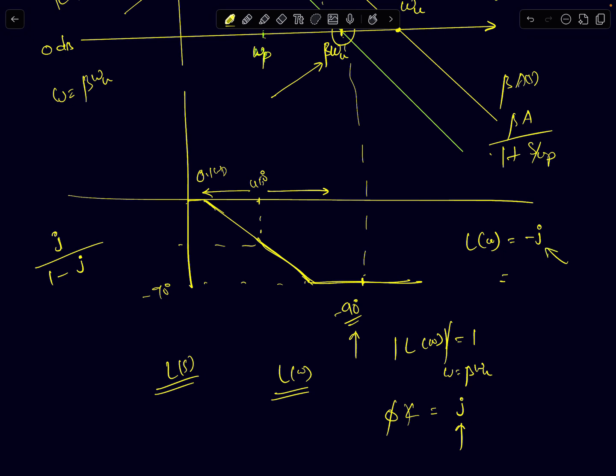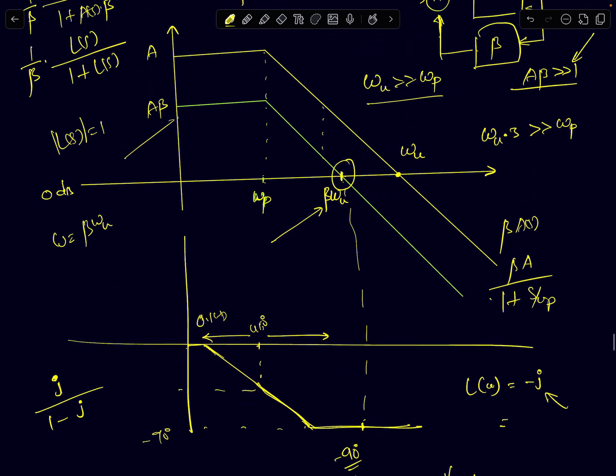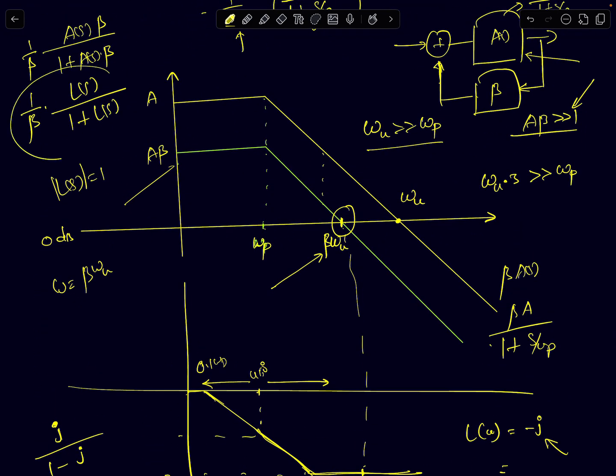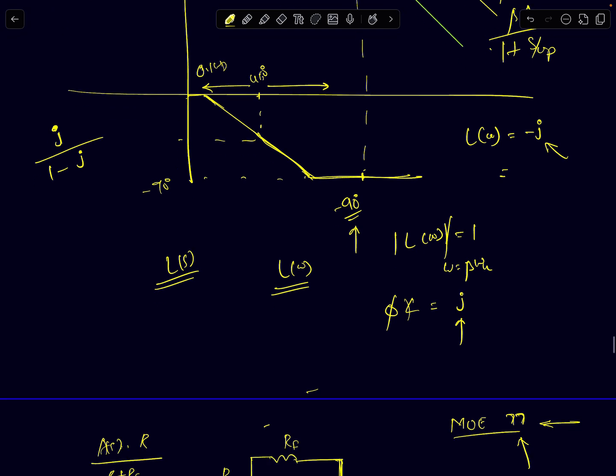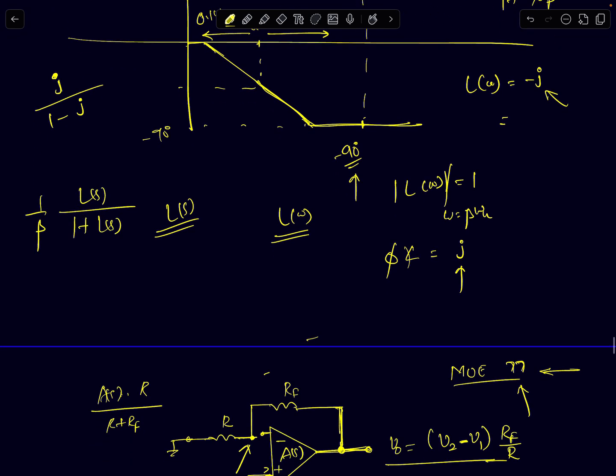So if you go back to the closed loop gain, I said some time back, the closed loop gain can be written as 1 by beta into L of s by 1 plus L of s. And if I take the magnitude of this, right, 1 by beta, the magnitude of 1 minus j is just root 2, so you get 1 by root 2 beta.